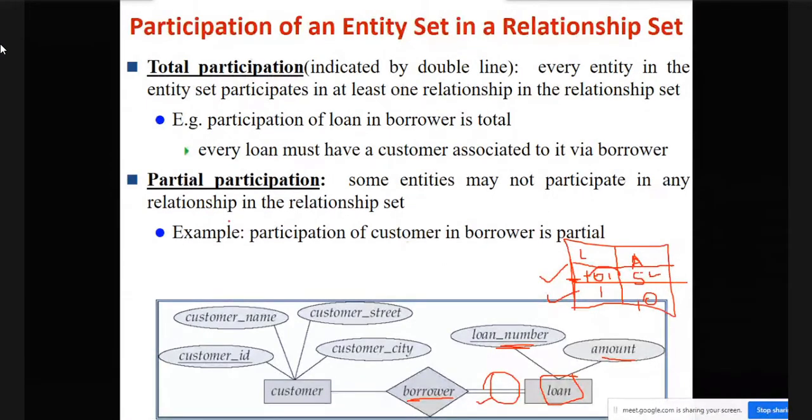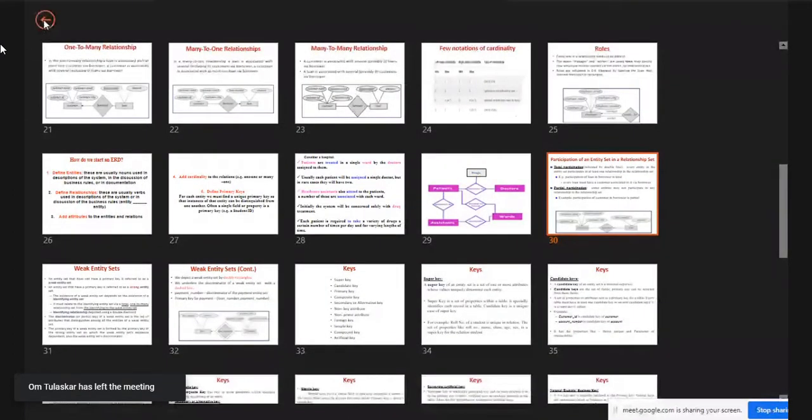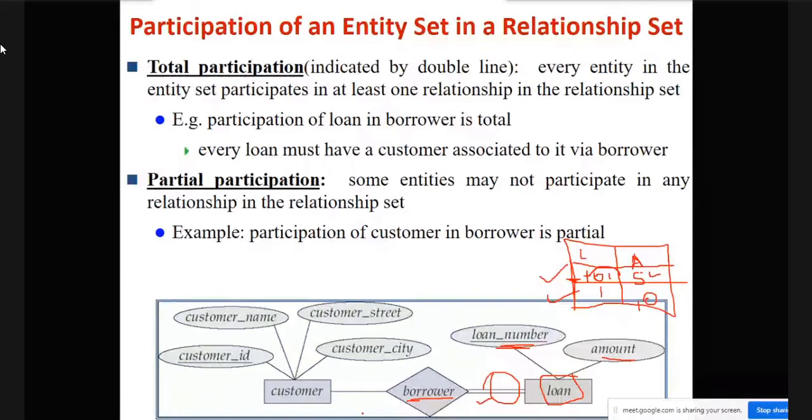Coming to the example, suppose customer, you all 64 students of SCIT are customers of one of the banks. Suppose all of you have opened your account in a bank, so you are all customers. Out of that, 10 students have taken an education loan from that bank.